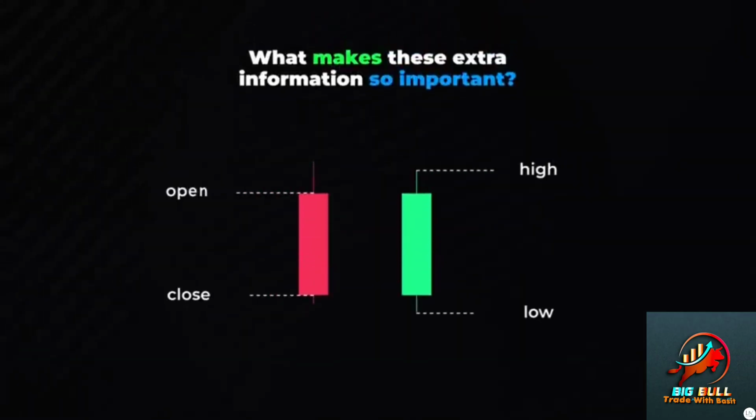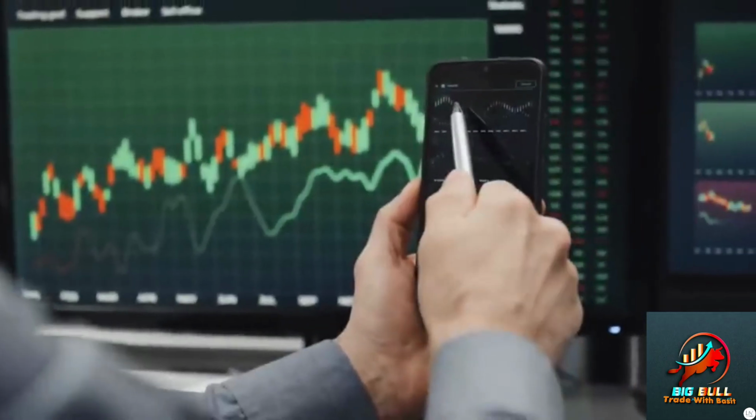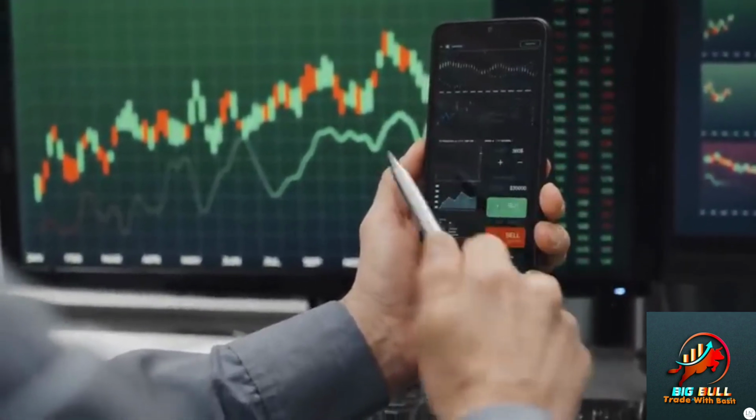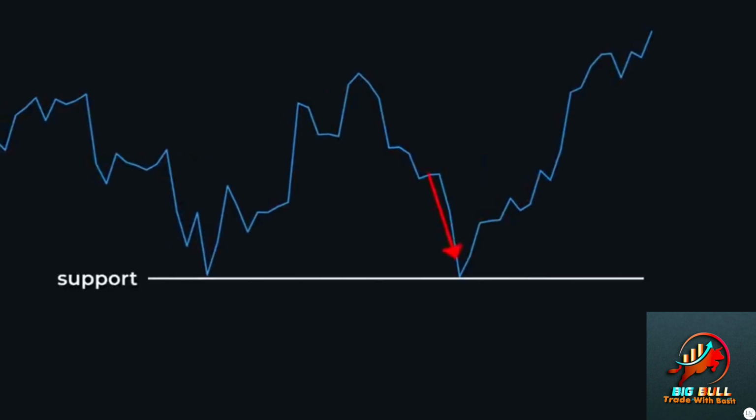So, what makes this extra information so important? As traders, this information gives us a better understanding of the market, allowing us to make more informed decisions. For example, let's say that price hits a support level and bounces. If we're only using line charts, the only information we know is that the price dropped to this point and then bounced off.